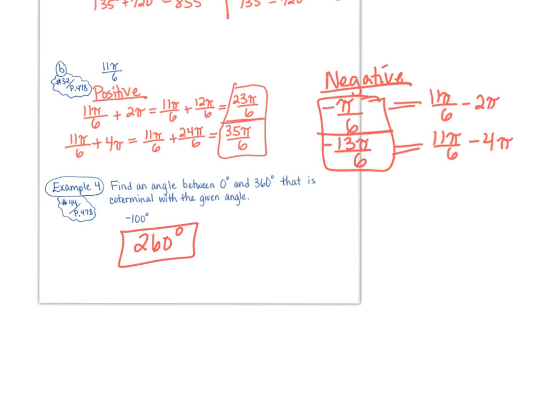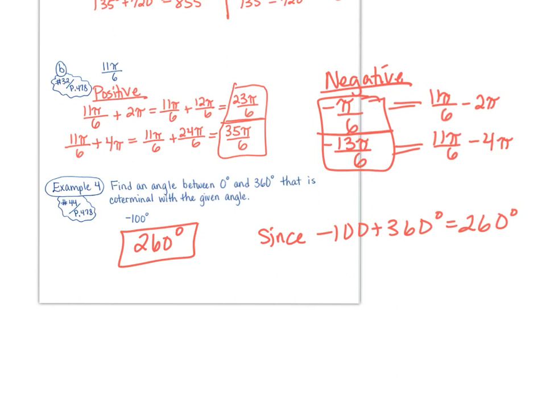We got it since negative 100 plus 360 degrees is equal to 260 degrees. In some examples, you'll be given a larger degree. If you're given a larger degree and you need to find an angle between 0 and 360 degrees, what are you going to do?